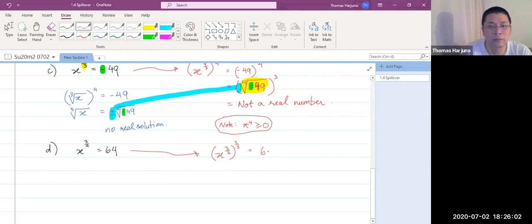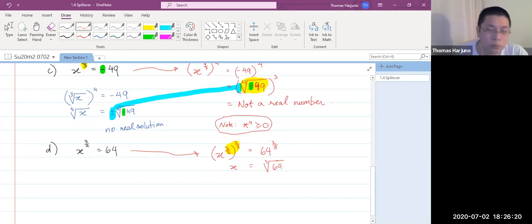That's 64 to the power of 2/3. Again, so that the exponent cancels. Then I get x equals the cube root of 64.